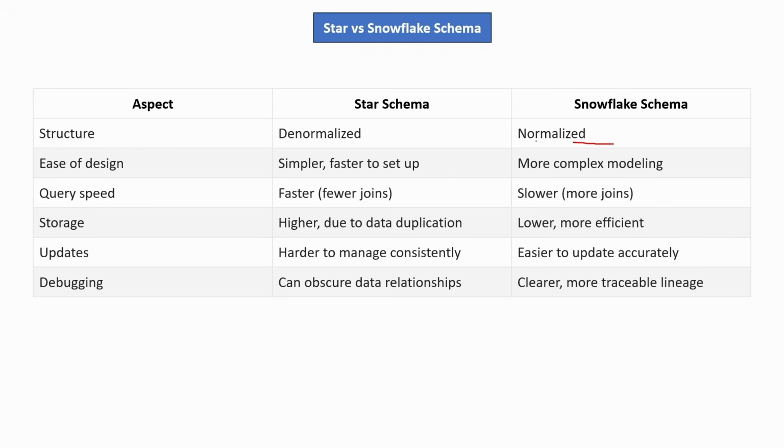Okay, and next is ease of design. A star schema is easier and faster to design because it avoids any kind of normalization, and you create the fact table with a few dimension tables. This is very straightforward. But Snowflake schema requires more forethought. Defining hierarchies is very important here. You need to normalize the data, and splitting dimensions into subtables is also very important.